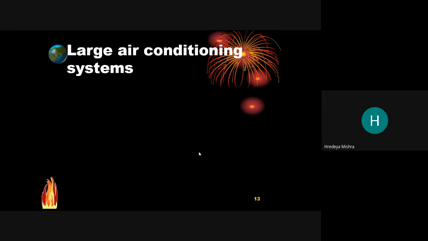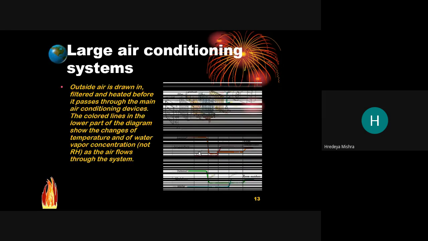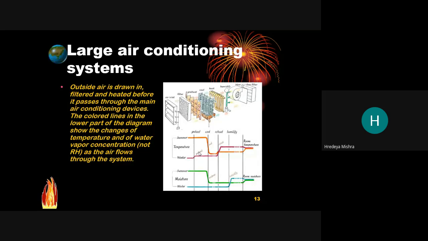Large air conditioning system. Outside air is drawn in through the filter and heated before it passes through the main air conditioning device. The color lines in the lower part of the diagram show the change of temperature and water vapor, not relative humidity, as the air flows through the system.